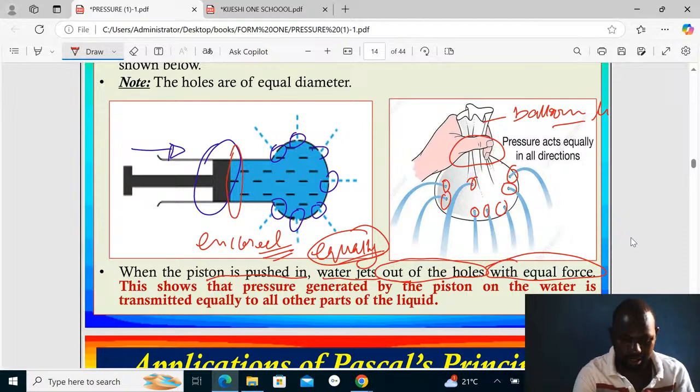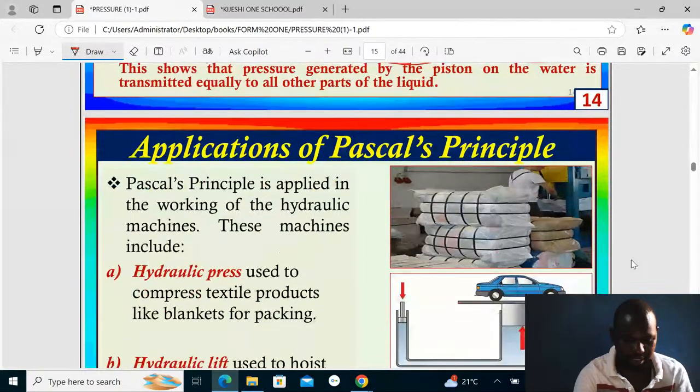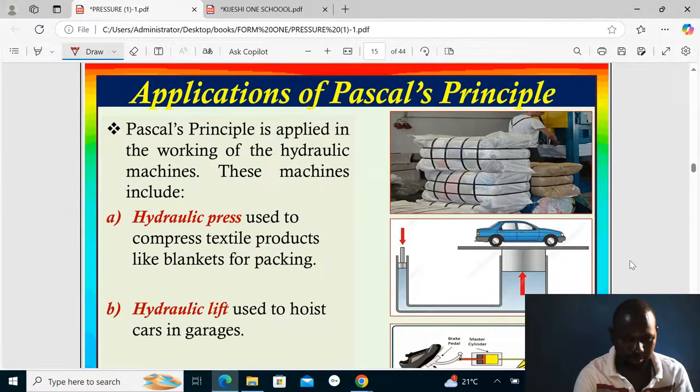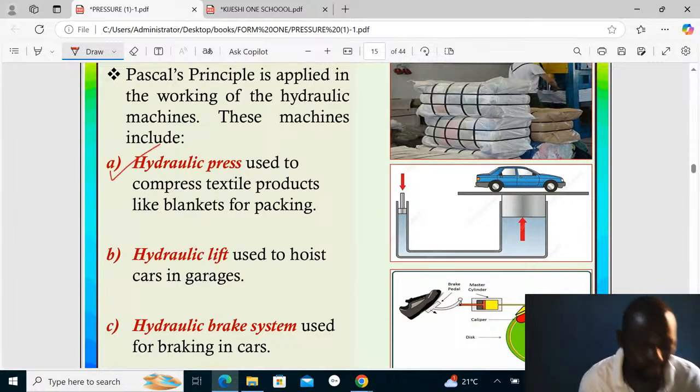We can move down to the applications of Pascal's principle. In this case, we have several of them. The first one is the hydraulic press. It is used to compress textile products like blankets for packing.